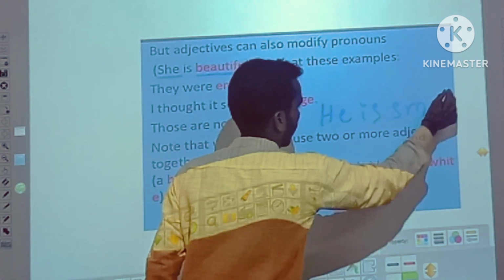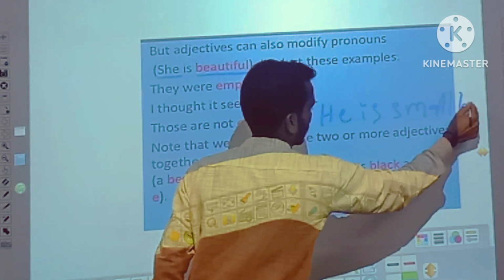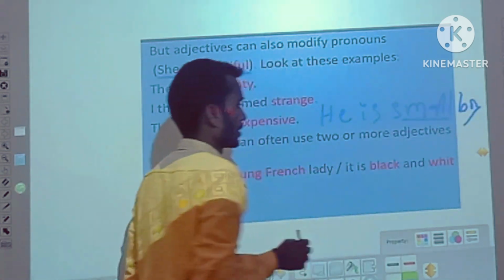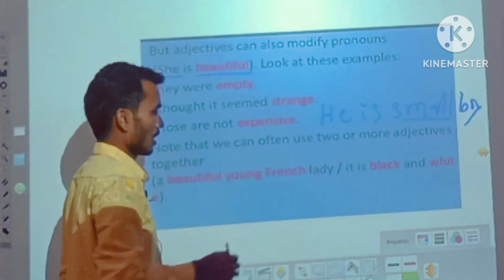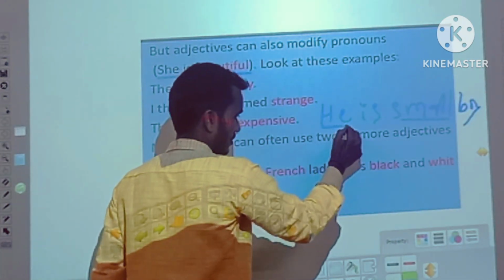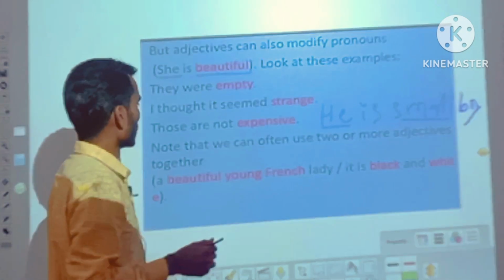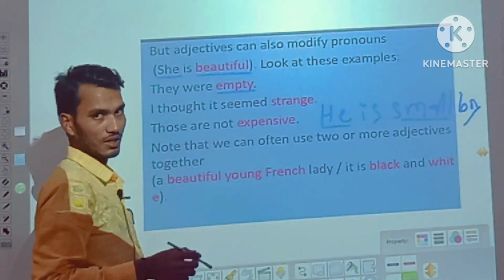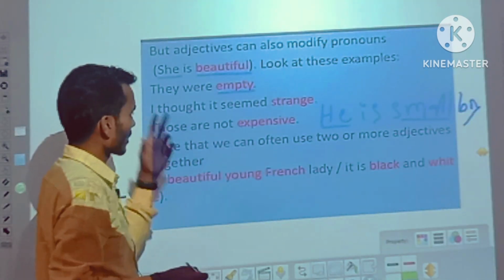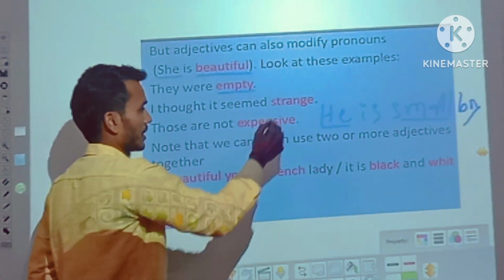Here small is an adjective which modifies the noun. What kind of boy is he? A small boy, right? Then they were empty. Here empty is an adjective, right? I thought it seems strange.